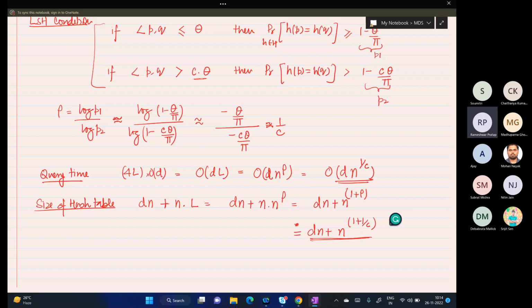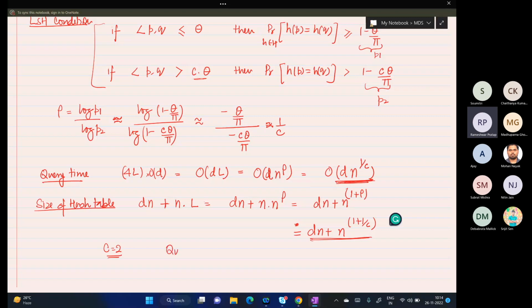If c is large, then our query time will be small. Suppose c is 2, for example. What will be the query time?